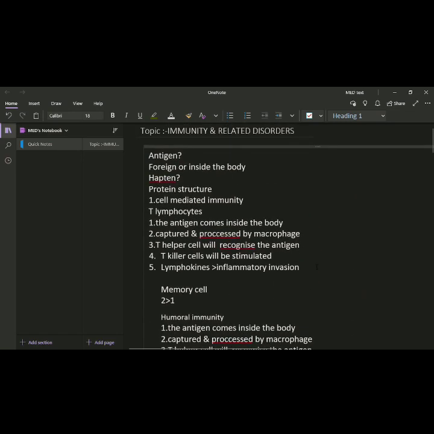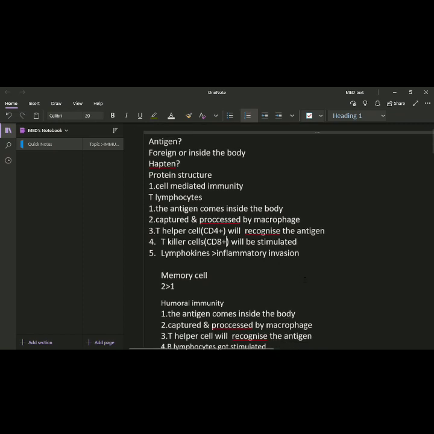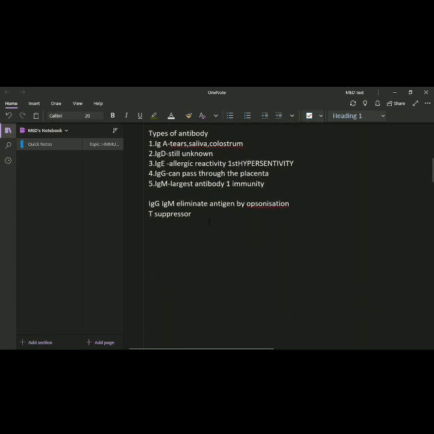They are T helper cells, also called CD4 plus cells; T killer cells, also called CD8 plus cells; and now we have the T suppressor cell. This cell will suppress the IgG and IgM.